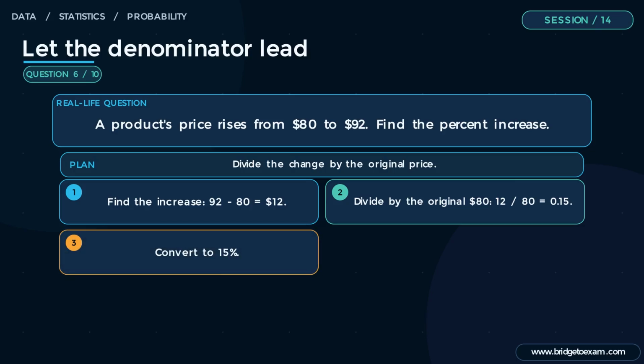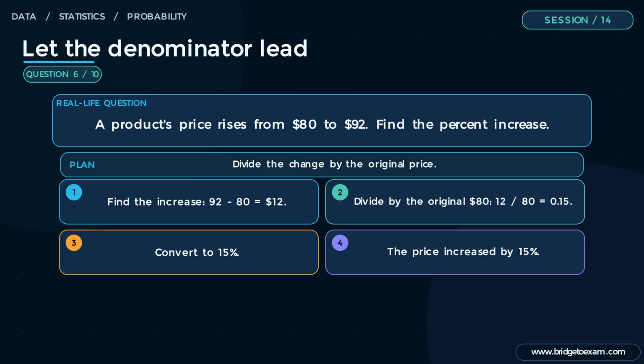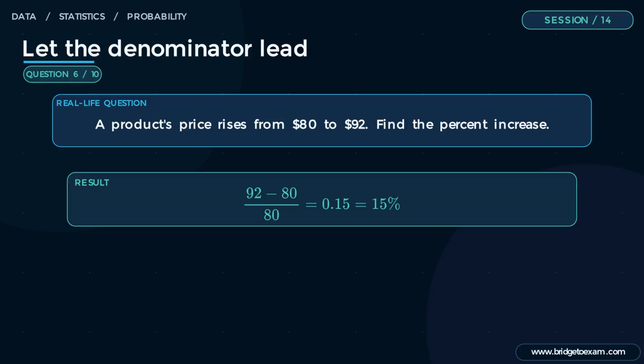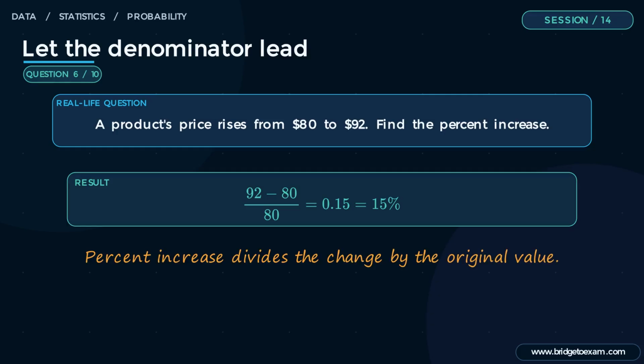Step 3. Convert to 15%. Step 4. The price increased by 15%. Quick check. Increasing $80 by 15% adds $12 and produces $92. This matters in real life because consumers and businesses use percent change to compare prices across products.